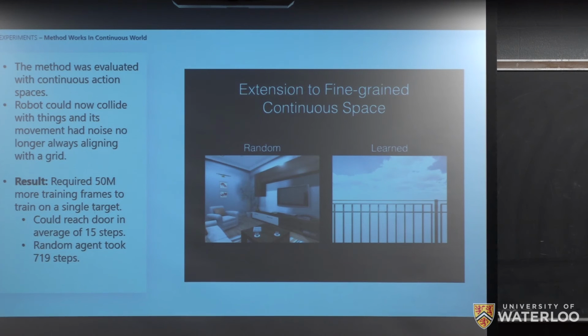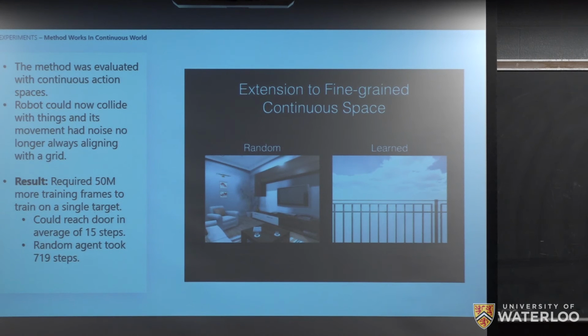They saw the same actions, move forward, move backwards, turn left, turn right, but now there's a bit of noise injected in there, as well as the possibility of collisions. And what ended up happening is that it still was able to learn how to reach targets, but it just took a lot longer to learn that. It was about 50 million more training frames just to train on a single target compared to their discretization of the world into a grid.